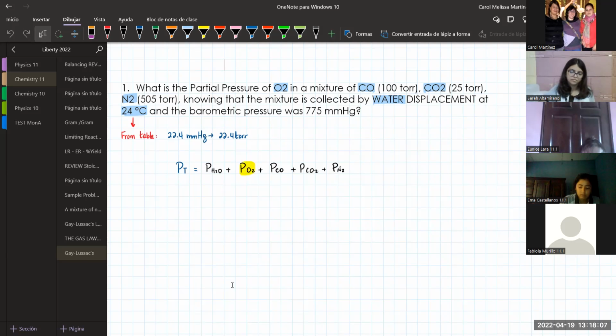When you need to find partial pressures, all you need to do is, from the total pressure of the mixture, subtract the rest of the gases. So minus water, minus carbon monoxide, minus carbon dioxide, minus nitrogen. Okay?